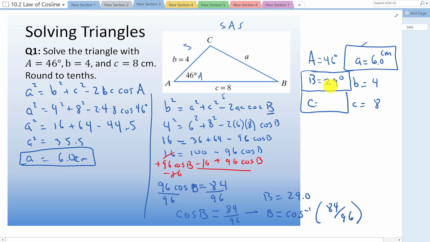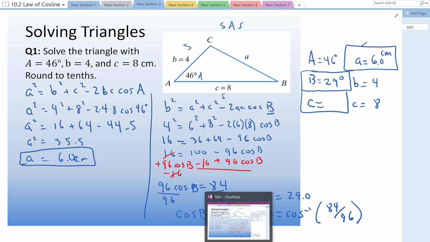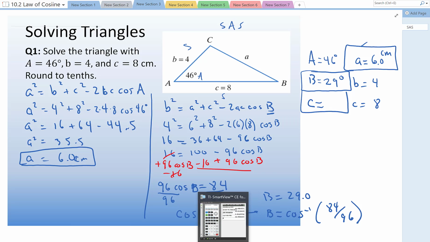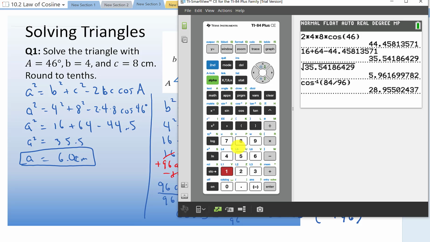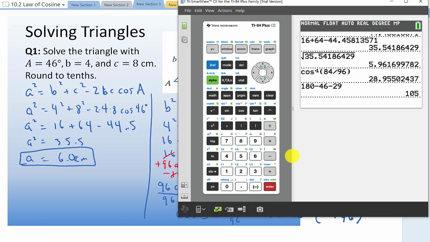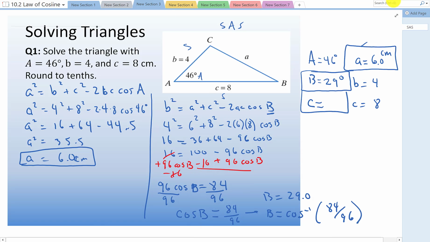And C, the angle C is easy. If we know all the angles add up to 180, then we can just subtract 46 and 29. So 180 minus 46 minus 29, and that gives me 105 degrees. So I've got the whole triangle solved.